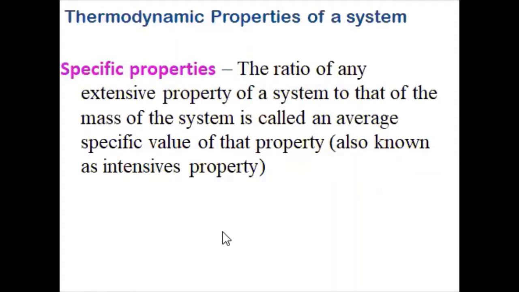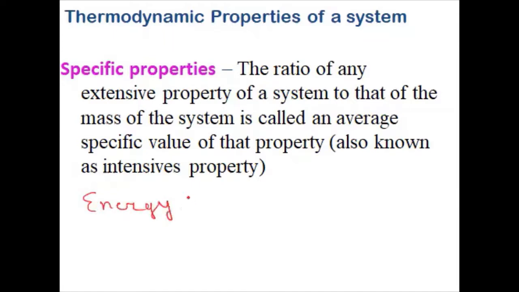Now let's talk about the specific properties. The ratio of any extensive property of a system to the mass of the system is called the average specific value of that property, and it is also an intensive property. Let's take an example: energy.